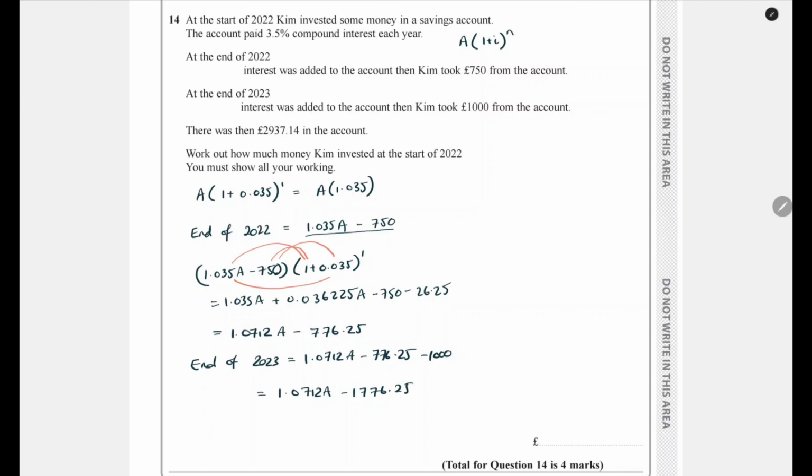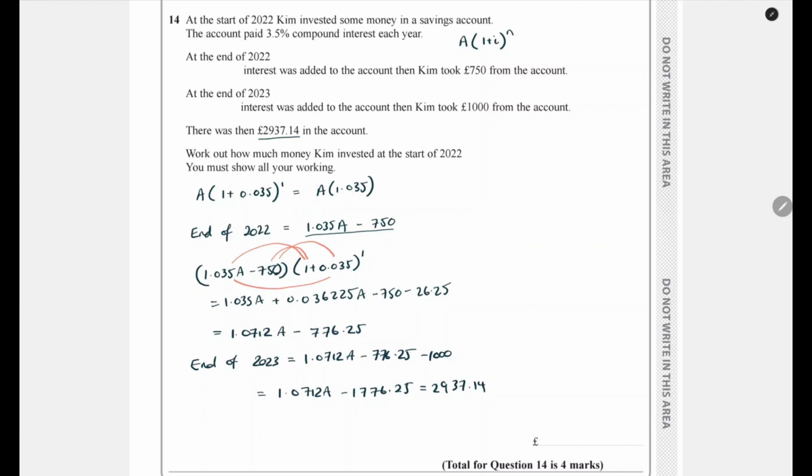Now we know in the question that at the end she has £2,937.14, and so we can equate this to the £2,937.14.